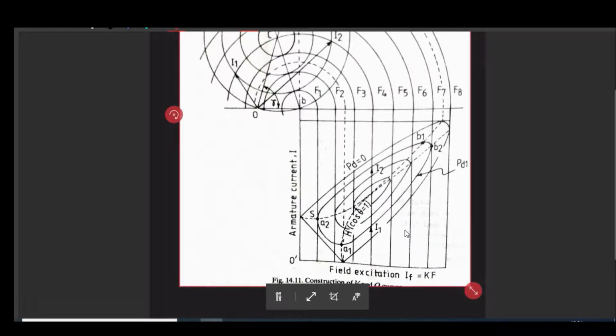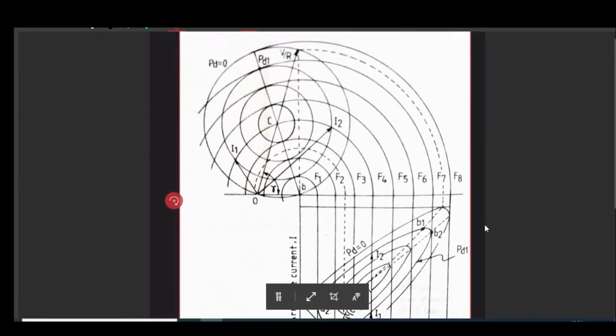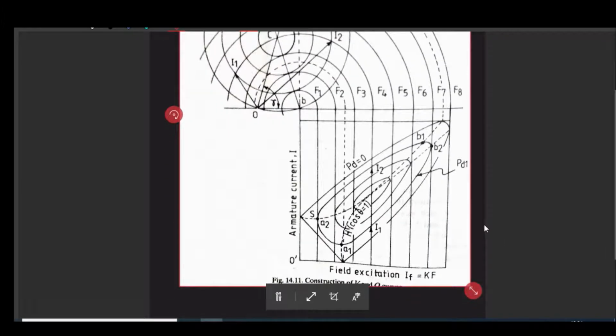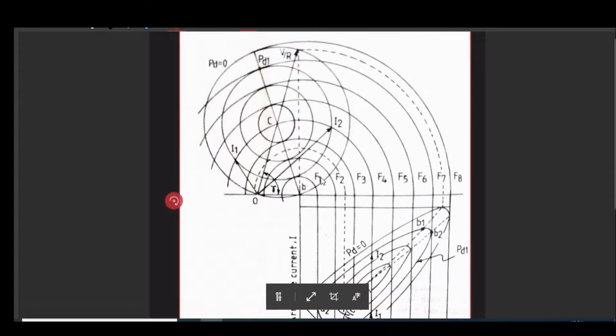So here you can see that I have taken a projection of that. So in this graph, the independent variable is field excitation and the dependent variable is armature current.